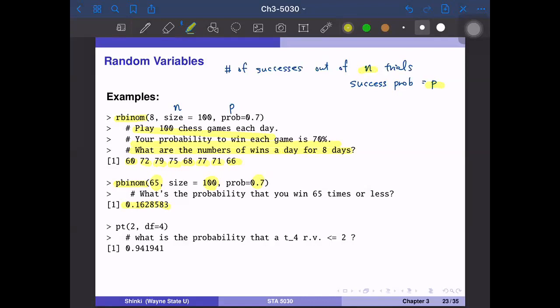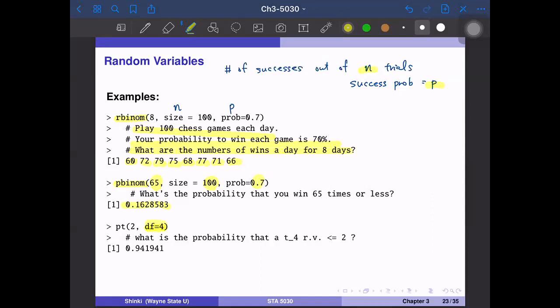The next example is for a continuous distribution, the t distribution. This t distribution is similar to the normal distribution, but with a slight difference. Basically, the t distribution is similar to the standard normal distribution, but the shape is slightly different. With df 4, this is a slightly more heavy-tailed distribution than the normal distribution.